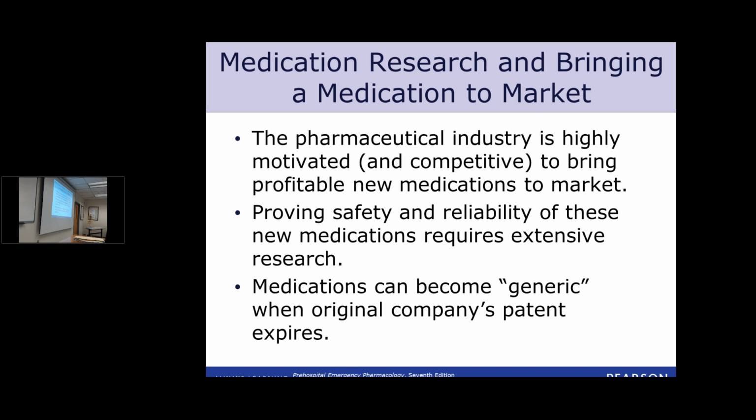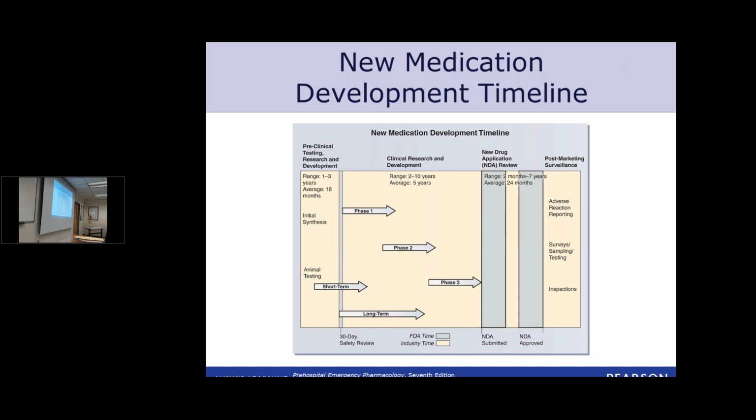Proving safety and reliability of these new medications requires extensive research. We're going to talk about clinical trials and how long it takes from start to finish. And the medications can become generic when the original company's patent expires. I talked about that already. So here it is.